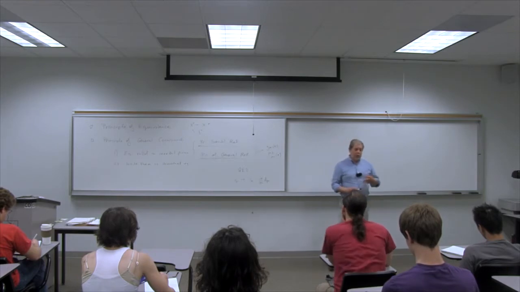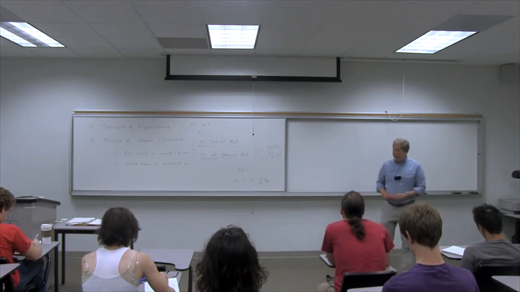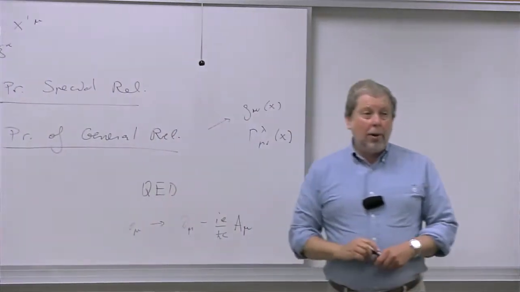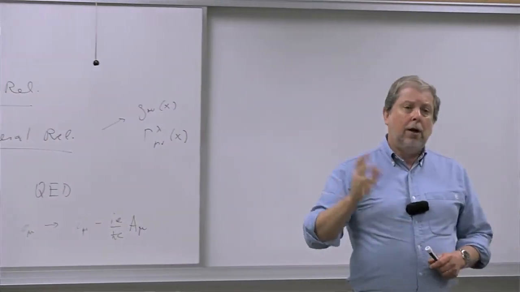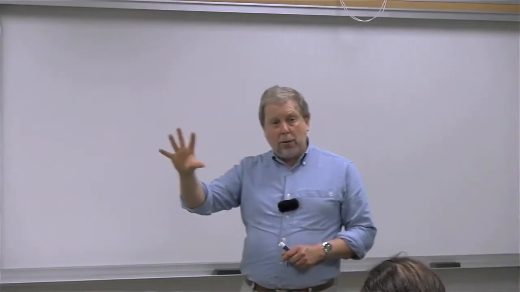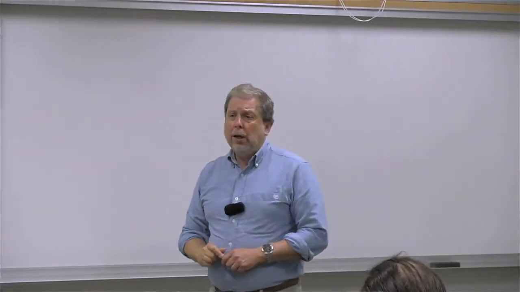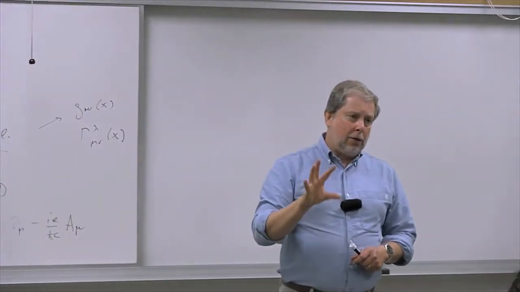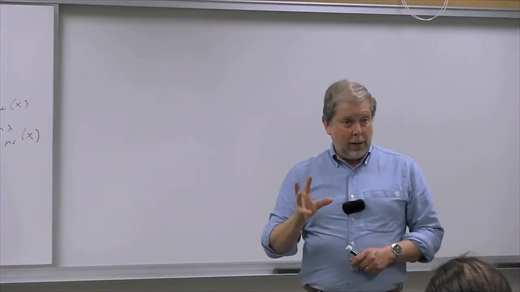They ensure that you actually have this local invariance, right? In special relativity, you have a global invariance under Lorentz transformations, which are done by the same amount everywhere, right? Whereas in general relativity, the transformation is done locally. It's a function of x, right? And that's a tremendous difference, right?